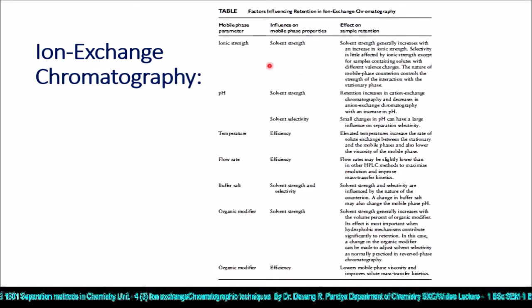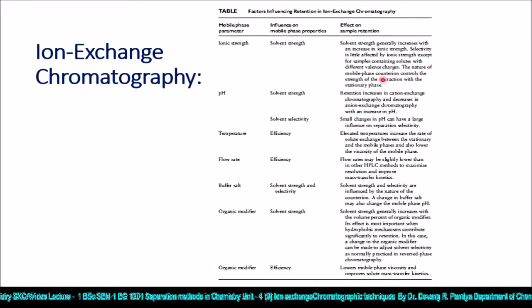Now, what effect do these changes in the mobile phase have on the retention? If we have a mobile phase parameter like ionic strength, which can change the solvent strength, the solvent strength generally increases with an increase in ionic strength. Selectivity is little affected by ionic strength except for samples containing solutes with different valence charges.